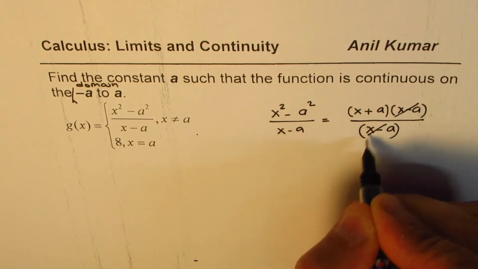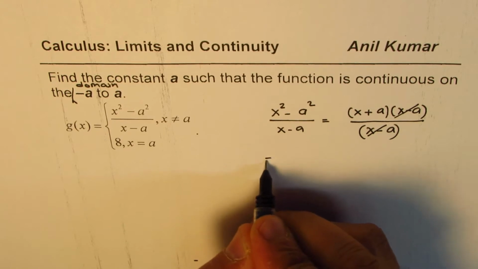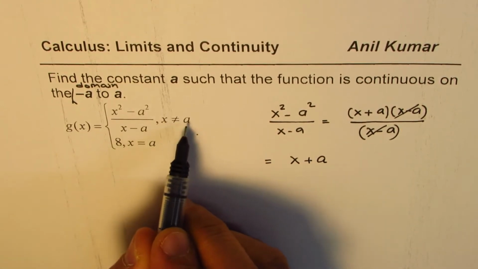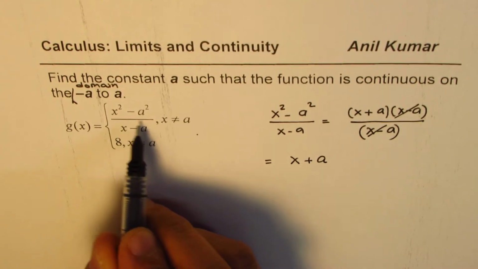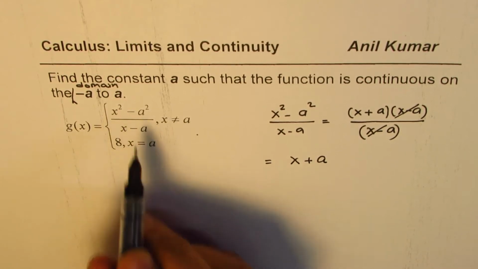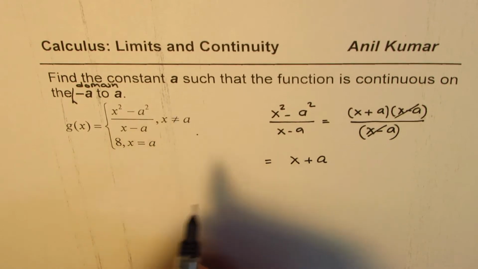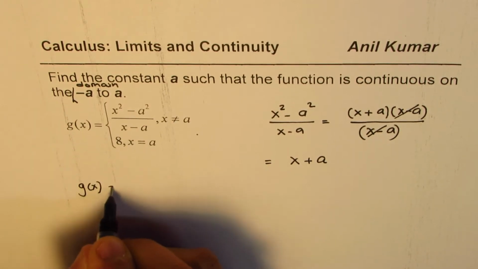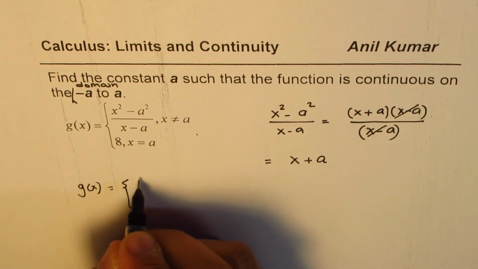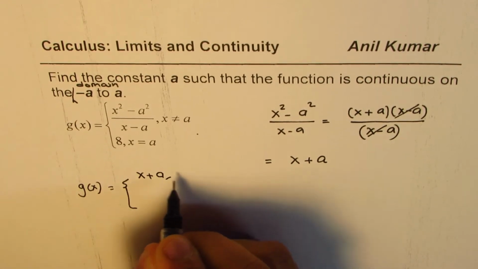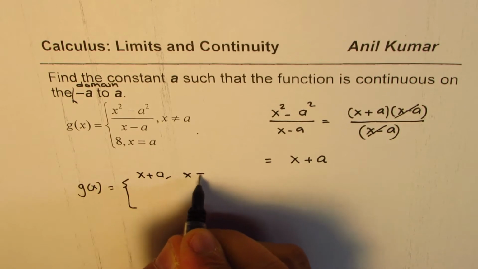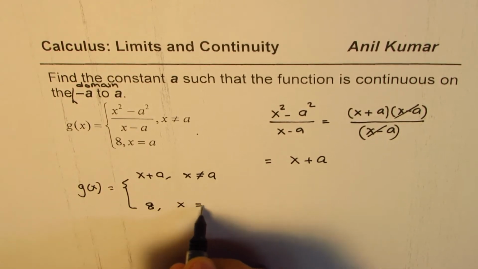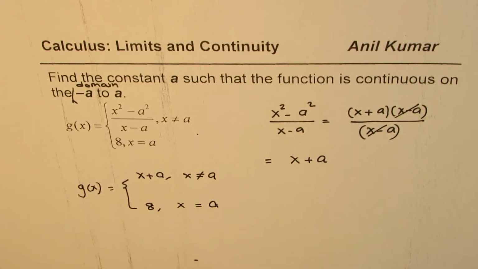Now x minus a cancels and you're left with x plus a, where x is not equal to a. Well, if x is a, then the denominator is 0 and it is undefined. And so, I could write this function as g of x equal to x plus a, where x is not equal to a and is equal to 8 for x equal to a, correct?